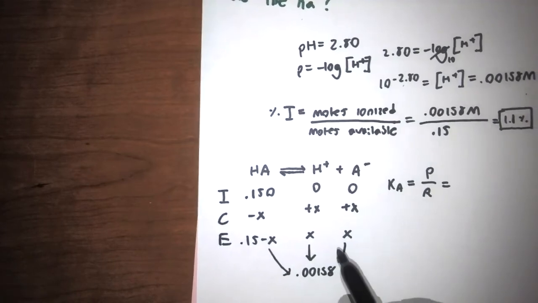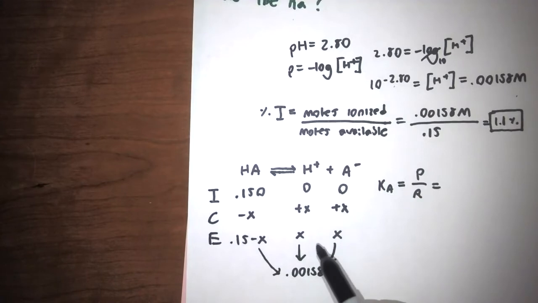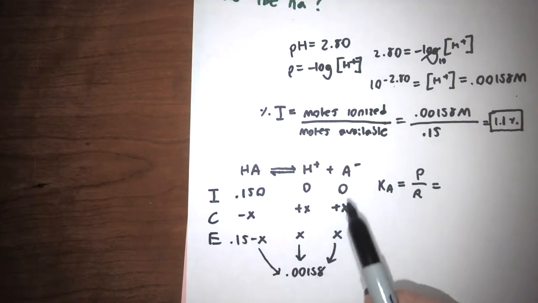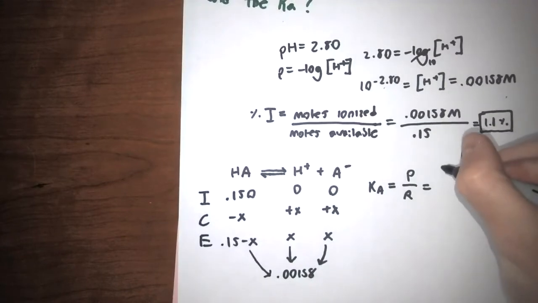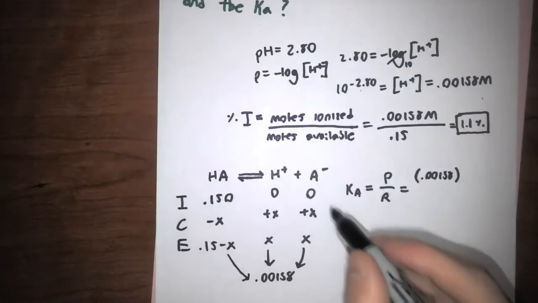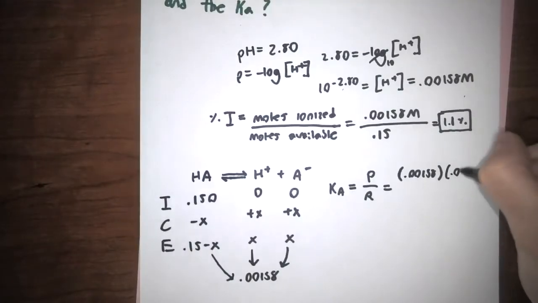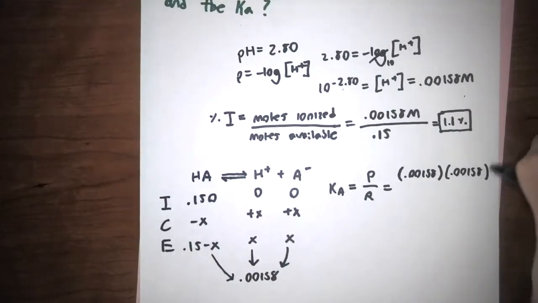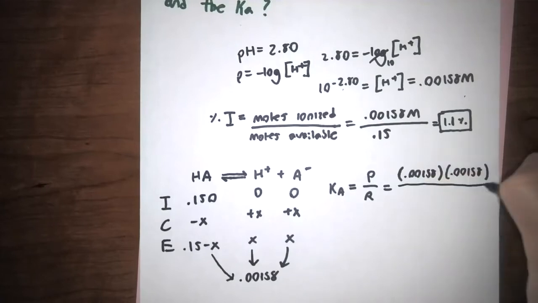So let's go ahead and set up our ice table. What goes on the top? Products. H plus, we know is 0.00158, times A minus, which is also 0.00158. What goes on the bottom?